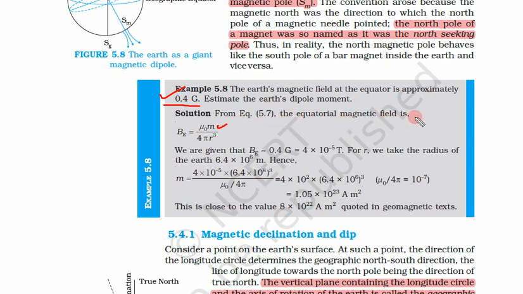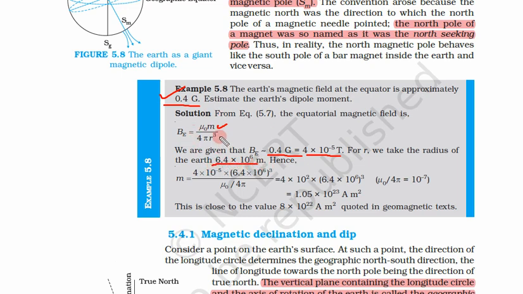The equatorial magnetic field is given by this formula: BE is equal to mu naught M upon 4 pi R cube. The equatorial magnetic field is given as 0.4 Gauss, which is 4 into 10 to power minus 5 Tesla. For R, we take the radius of Earth, which is 6.4 into 10 to power 6 meter.